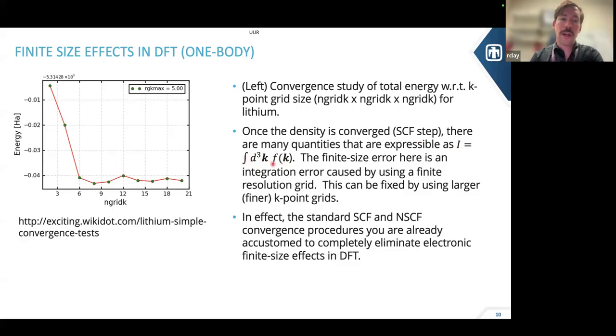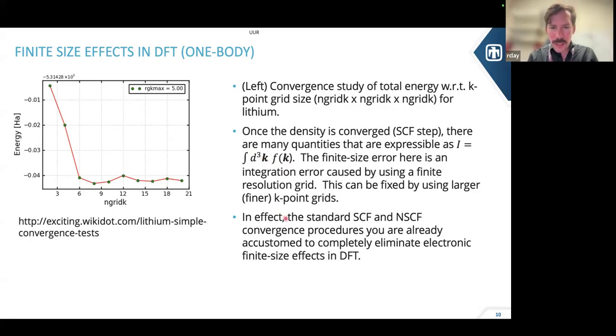And so it's pretty straightforward to see that if I have a very, very coarse k-grid, I'm going to incur an error in the estimation of this. And so that's another source where, once we've already controlled for the density, we have to increase this to such an extent that we can keep the integration error down.